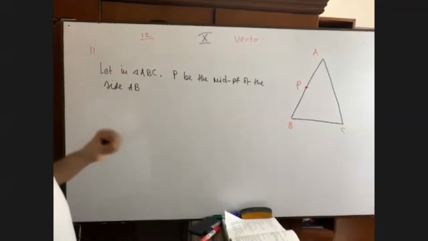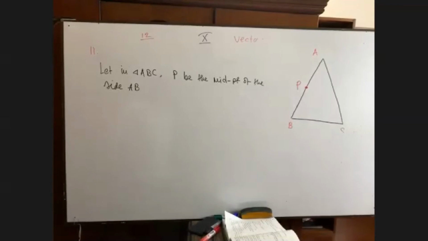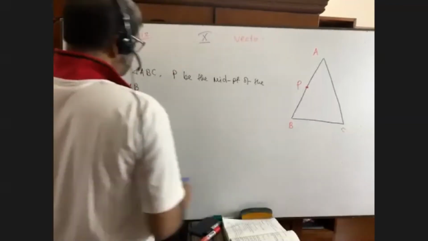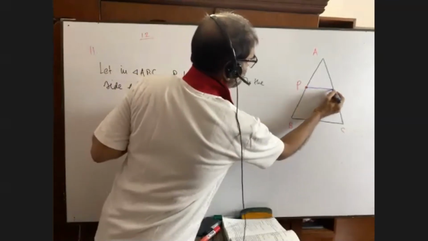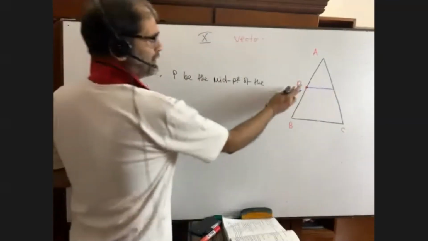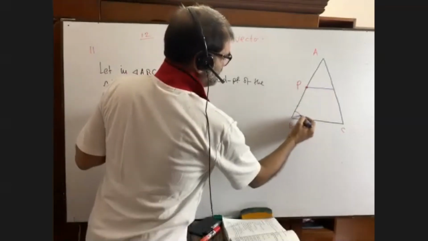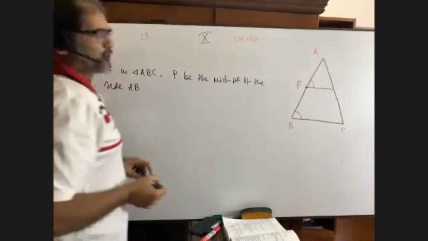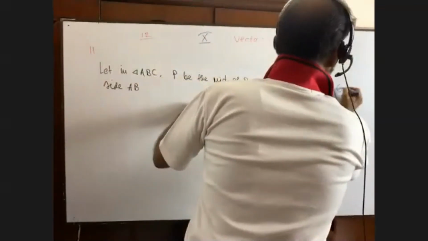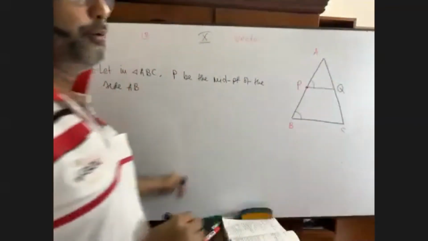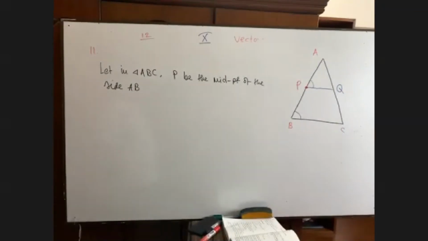In this question 11, there is written midpoint of a side. Then it is written that a straight line is to be drawn passing through this midpoint and parallel to this. Parallel means this angle and this angle will be equal. Corresponding angles are equal. If we name it Q, then PQ is parallel to BC. It is given in the question.